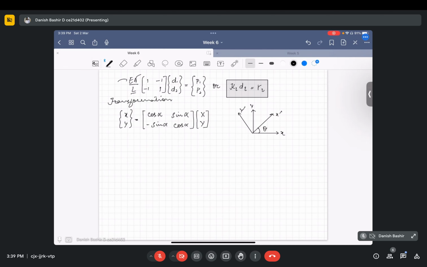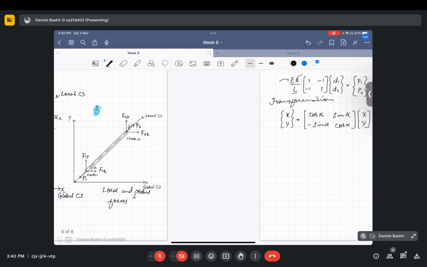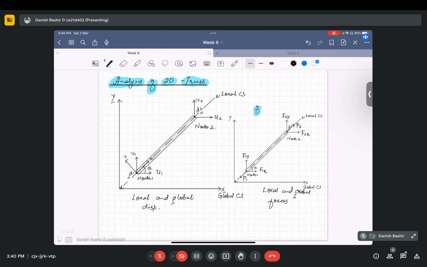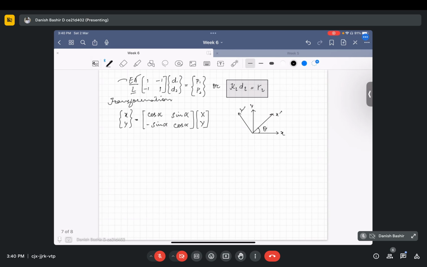After this, I forgot to mention that this node is at some global coordinates x1 y1, and this node is at some global coordinates x2 y2. We can easily write cos alpha and sin alpha from trigonometric identities.